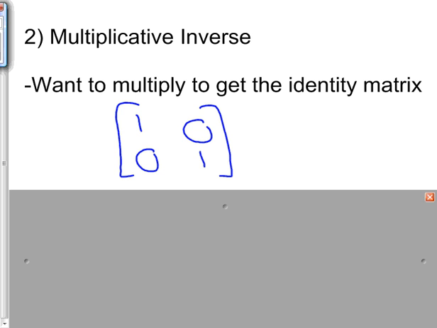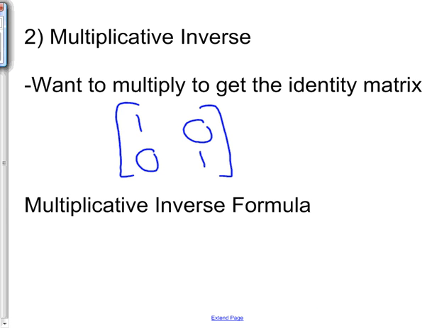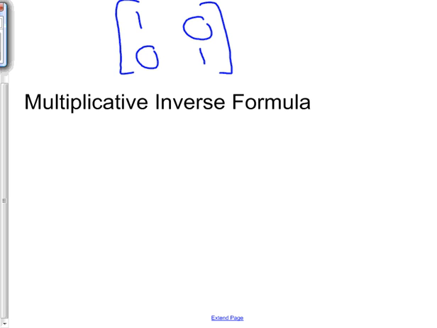So, we have a formula for that. It's called the multiplicative inverse formula.